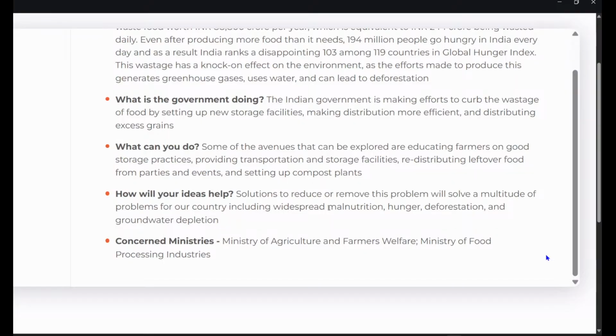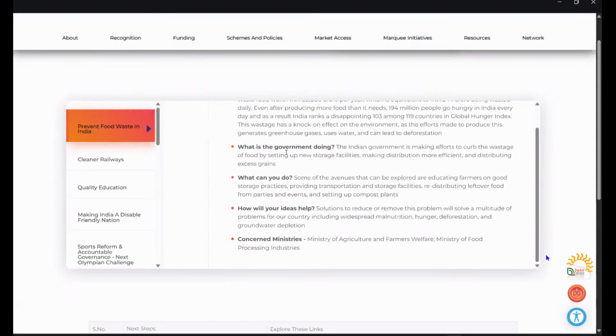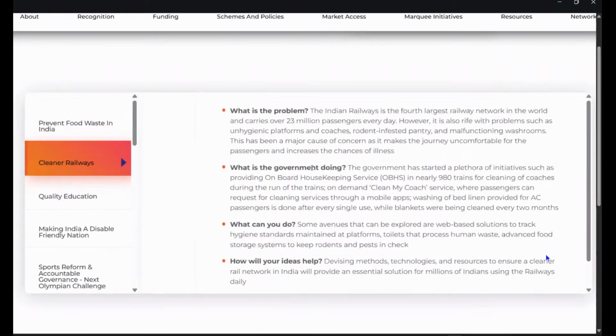So the impact is spoken in these terms, instead of saying I'm making this much money. If you go with the language over here, what is the exact problem that we have?